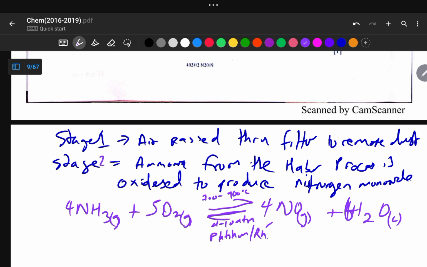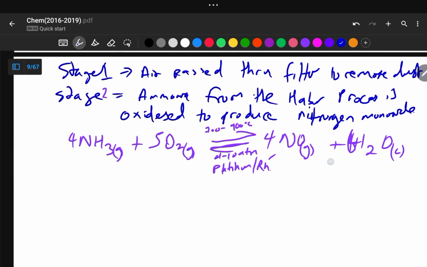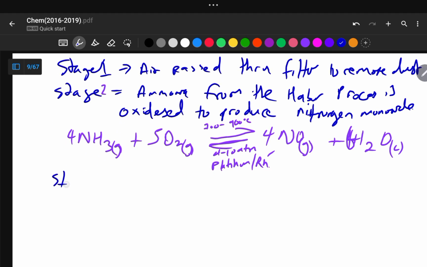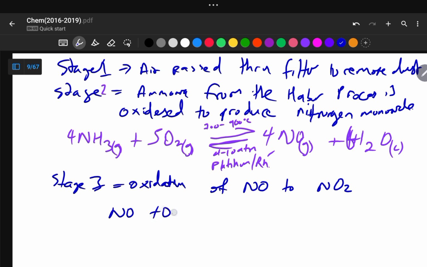And then we are now moving on to stage 3 of the reaction. So stage 3 is the oxidation of nitrogen monoxide to give nitrogen dioxide, right? So it's NO plus O2 to give NO2. To balance this equation, a 2 here and then a 2 here, right?